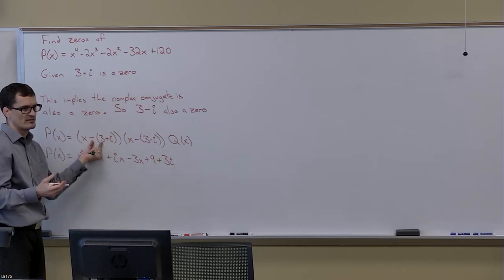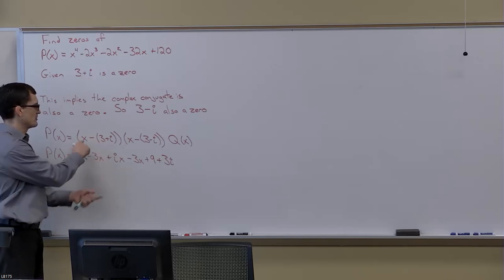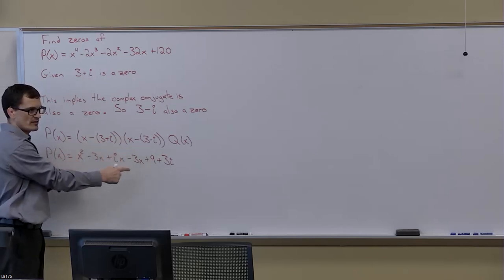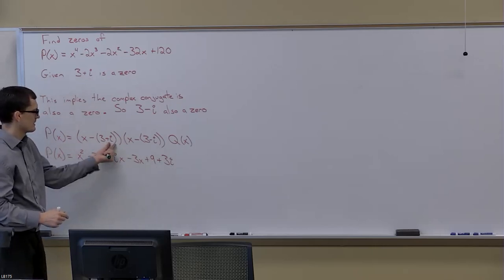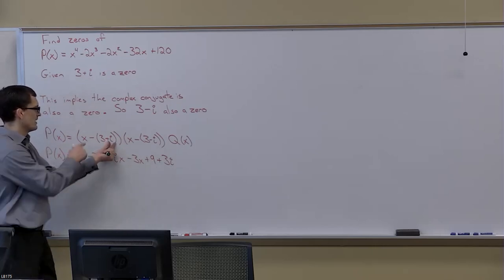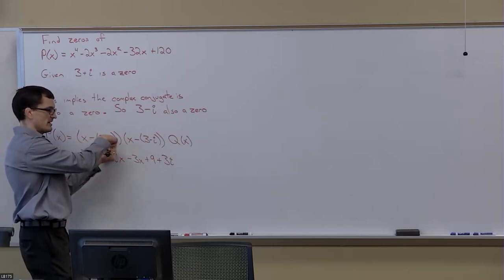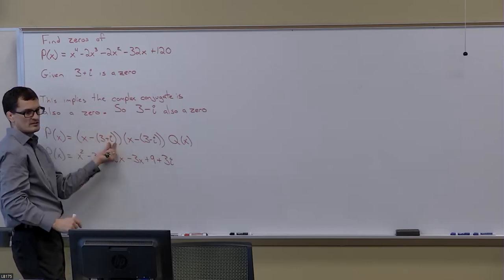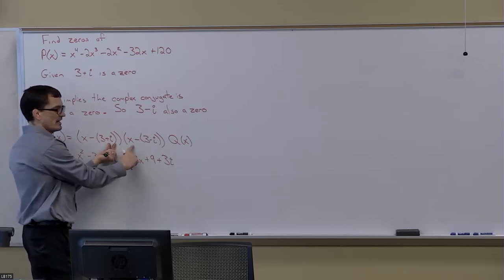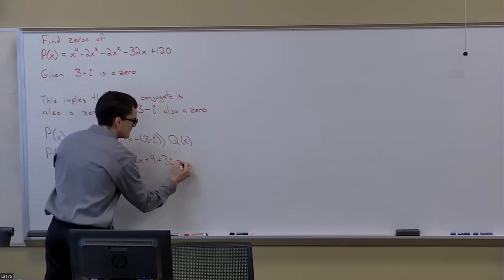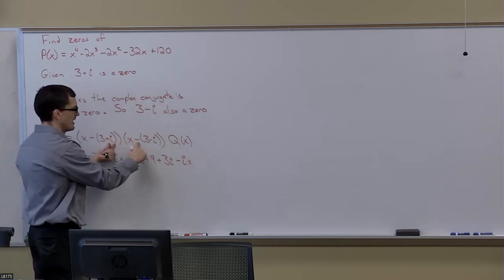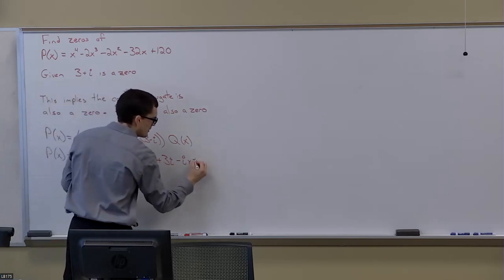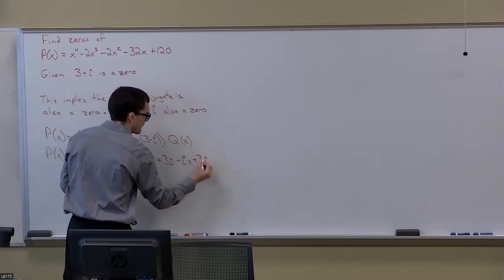Hopefully that's not going to throw everybody off. If it does, just distribute first and then write another line. Now let's do this one. This is a negative i, so that's a negative i times x. Negative i times minus 3 gives me a positive 3i.